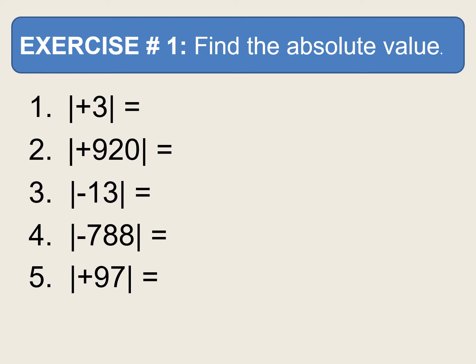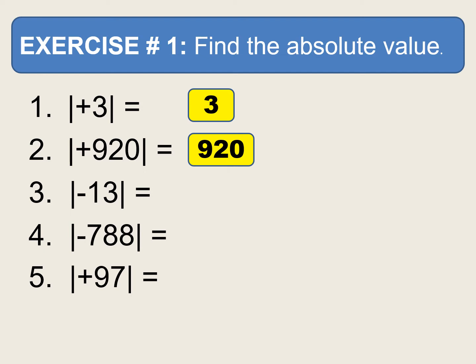Are you done? Okay, let's check your answer. Let's start. Number 1. What is the absolute value of positive 3? The answer is 3. Number 2. What is the absolute value of 920? The answer is 920. Number 3. What is the absolute value of negative 13?